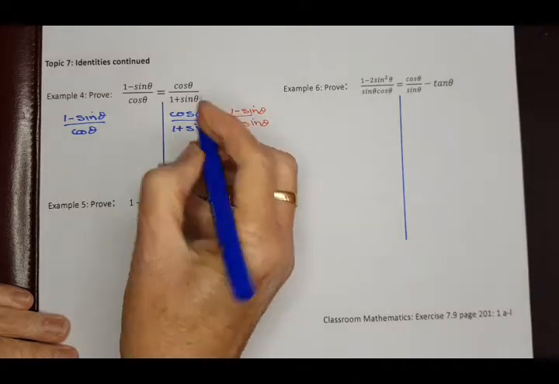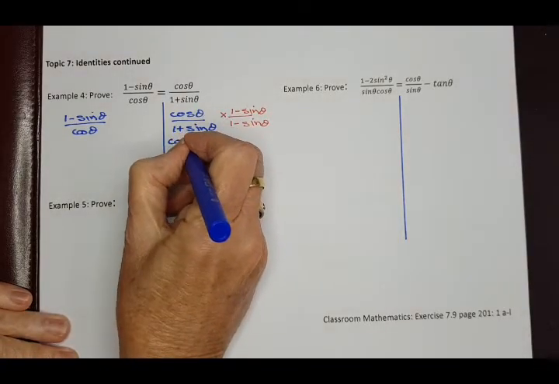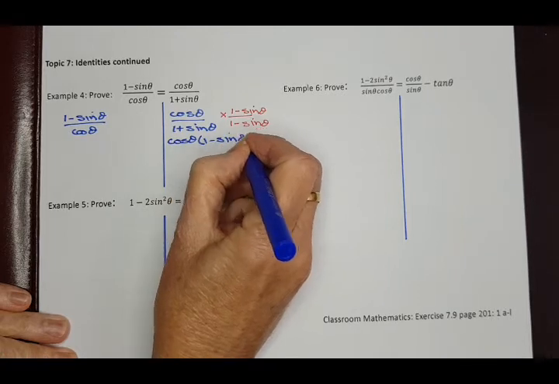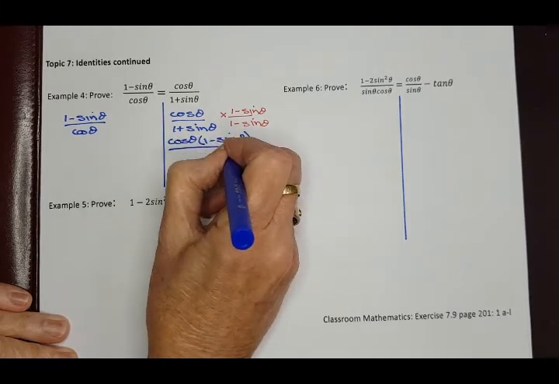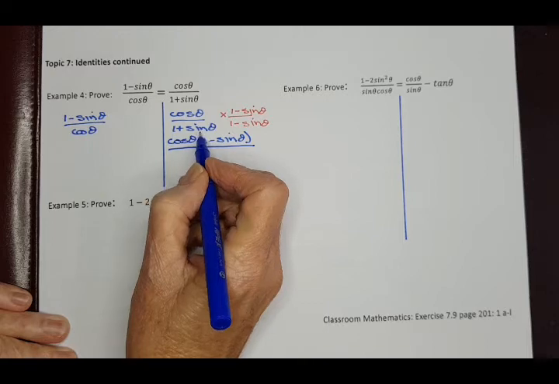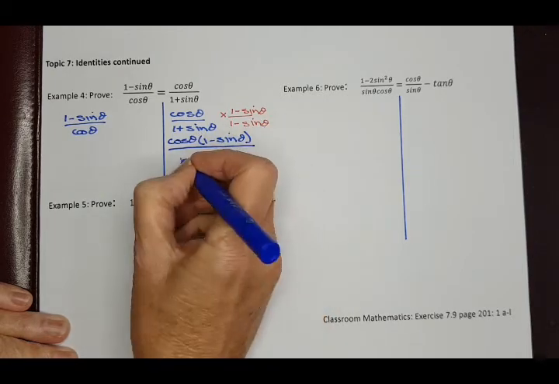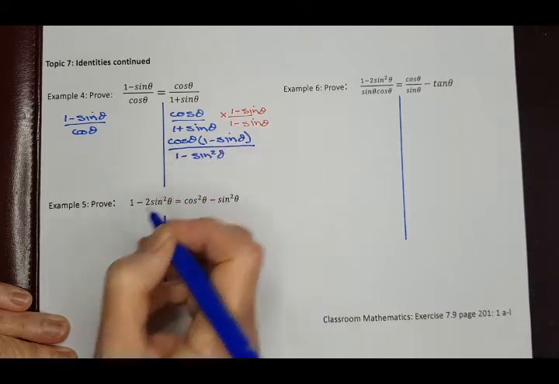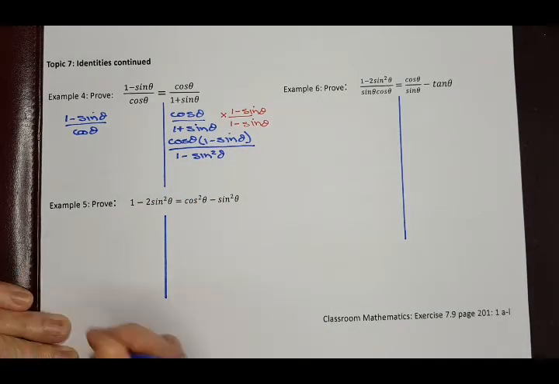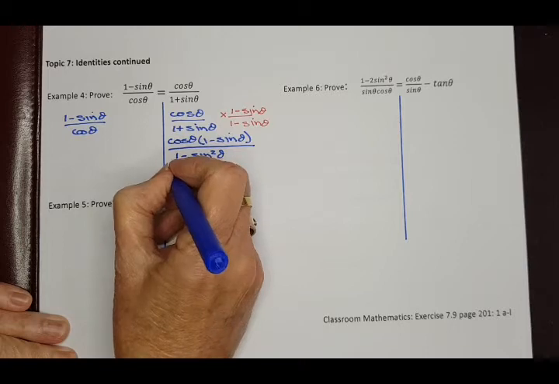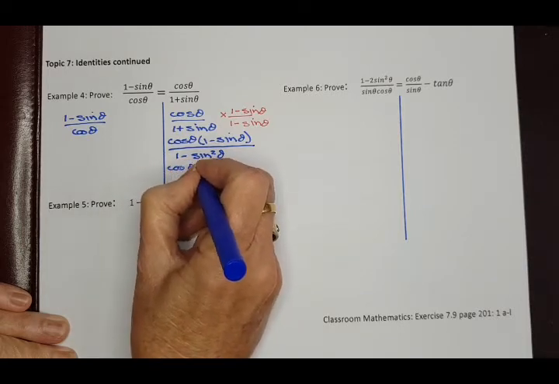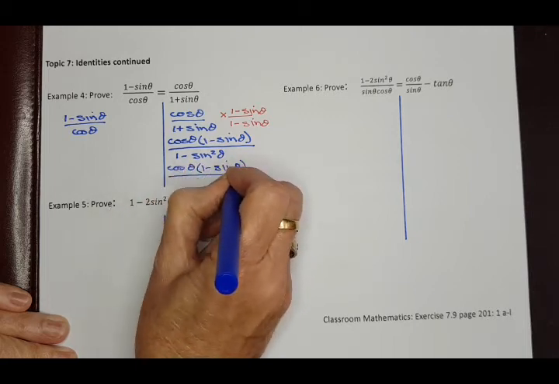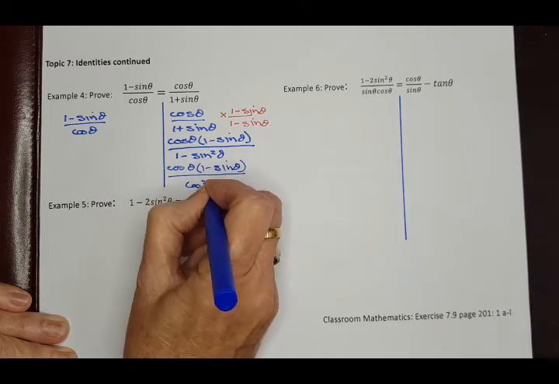Now my numerator here is going to be cos theta multiplied by 1 minus sine theta, and my denominator becomes 1 plus sine theta times 1 minus sine theta, which is 1 minus sine squared theta. 1 minus sine squared theta is going to be cos squared theta.